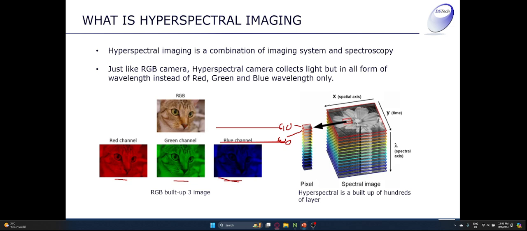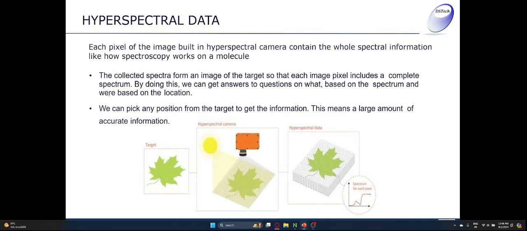You're capturing all those filters in a lot of wavelengths in different colors. It's not RGB anymore, it's basically every color. The way a hyperspectral camera works is that each pixel contains a specific spectrum, specific information, and it captures every pixel line by line to eventually create the whole image.